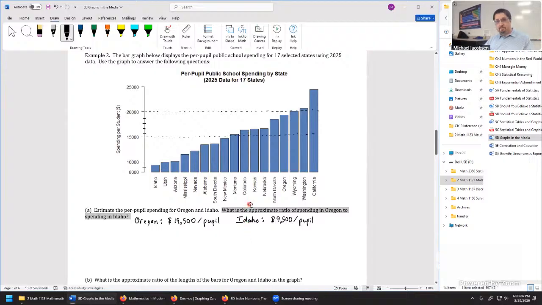So when you see a problem like this, approximate ratio of spending in Oregon, really we're just looking at a fraction, and Oregon is what came first in this. So Oregon would be the numerator of that fraction. So we can say the ratio would be first for Oregon, 19,500 per pupil.